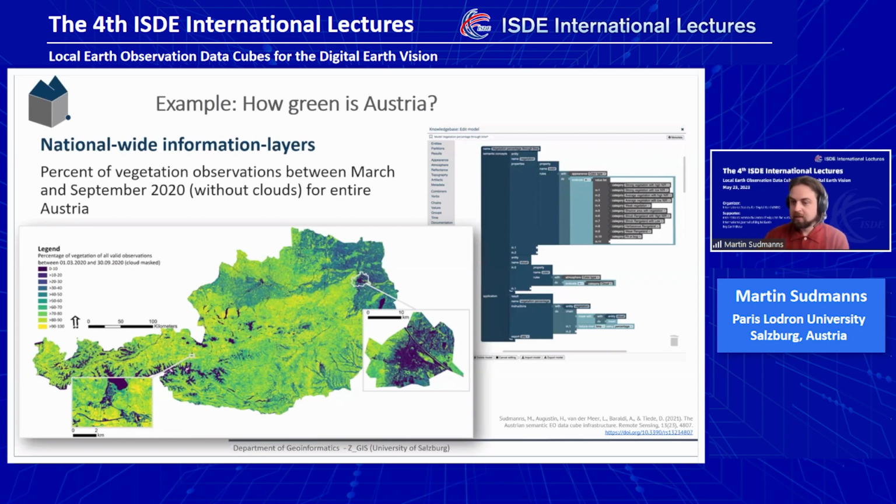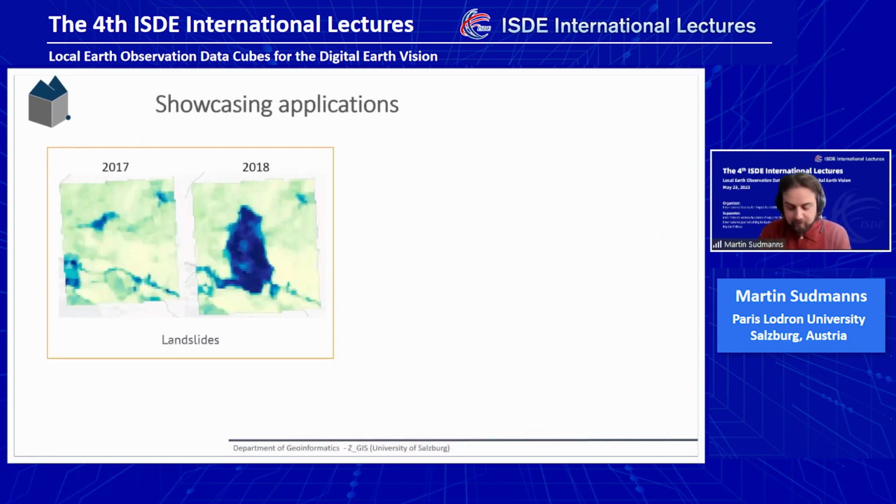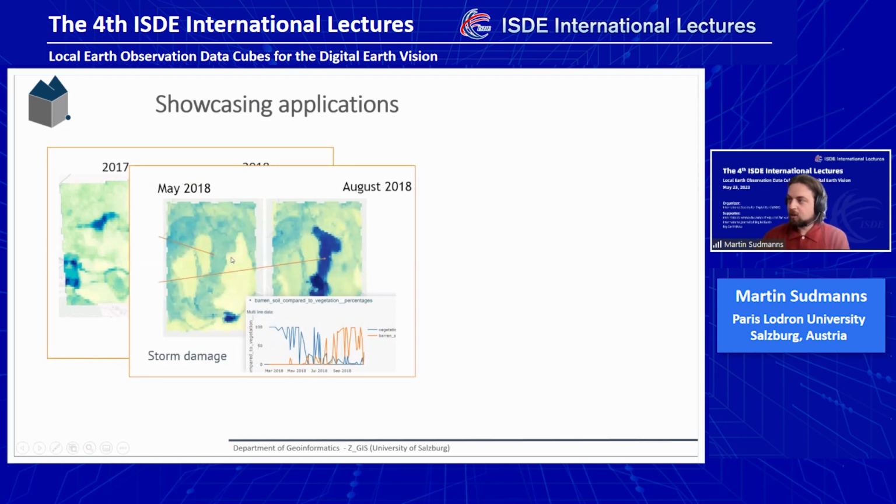Some other examples that we investigated: landslides. You see here from the top to the bottom the landslide, where the soil and the mud was going down the mountain, hitting the infrastructure, the road here. We see the storm damage on the left side, the situation before the storm.